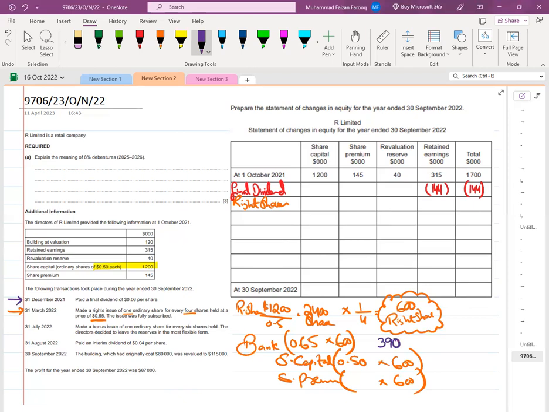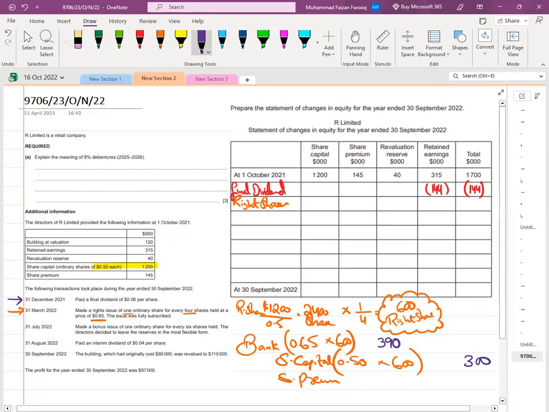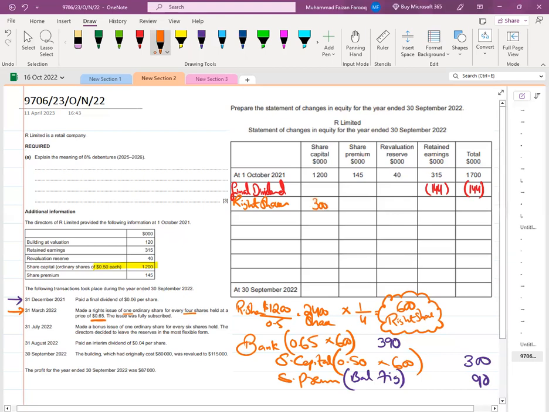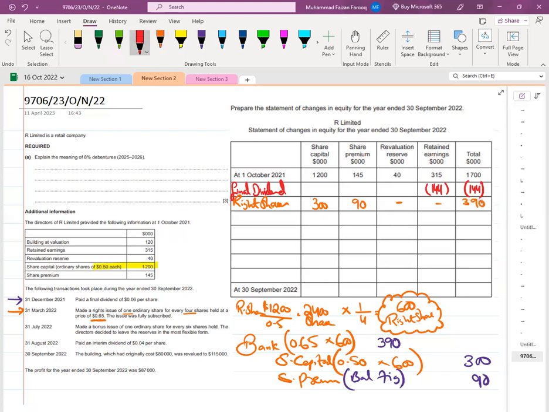Out of which capital must be recorded at par value. Correct or wrong? Yeah. So the difference, the balancing figure, is the premium. Am I right or am I wrong? Yes, right. So what is the answer? Share capital 300 plus share premium 90, plus overall total 390 is going to be added. Any questions, please?